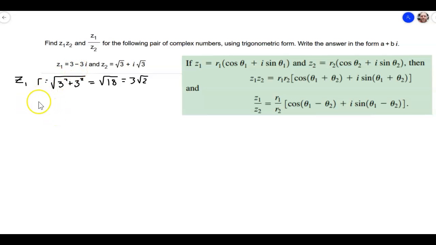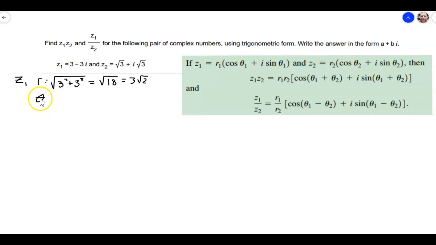And how about my theta? Well, in the complex plane, we're going to the right, and then the minus says we're going down. So if we're going to the right and then down, we're in the fourth quadrant.